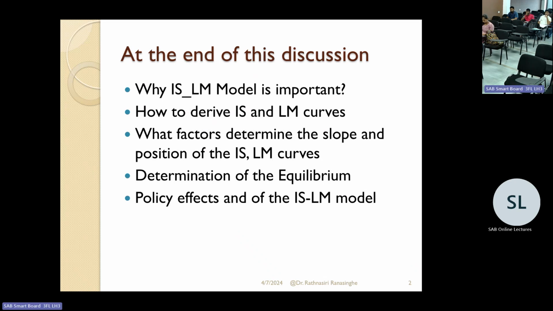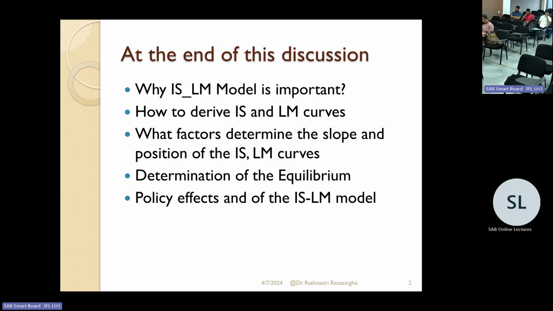Compared with the Keynesian theory, it's a single sector oriented, focusing on the real sector and trying to explain the determination of income and employment by looking at the demand side factors. But the ISLM model explains the interaction between the real and the monetary sector in determining output.